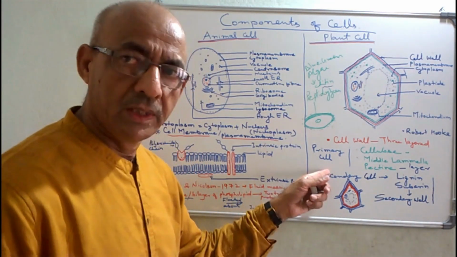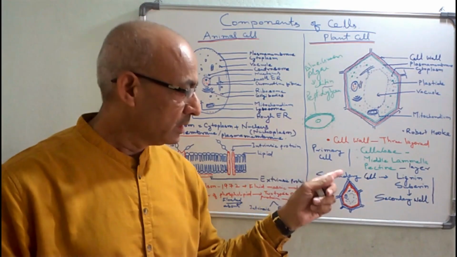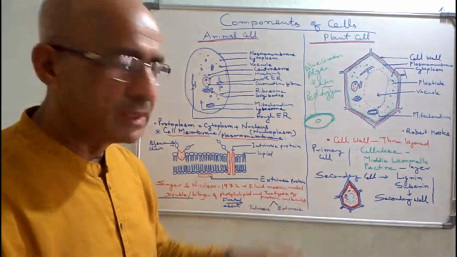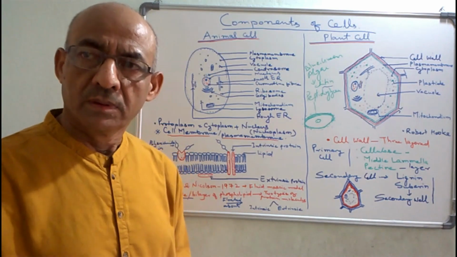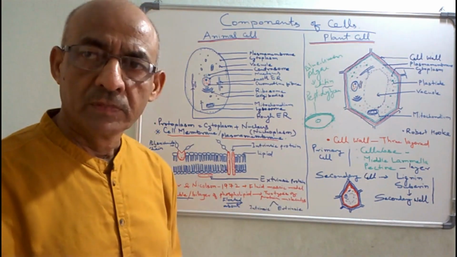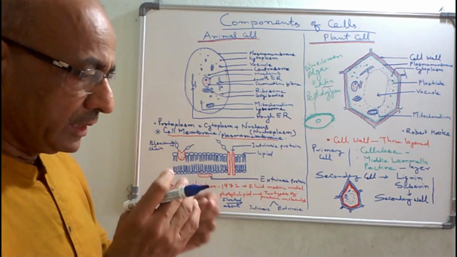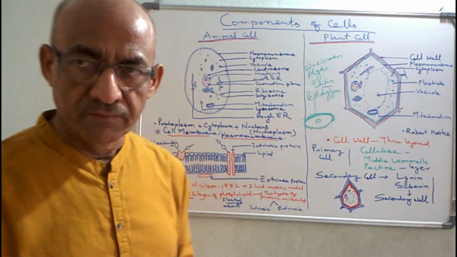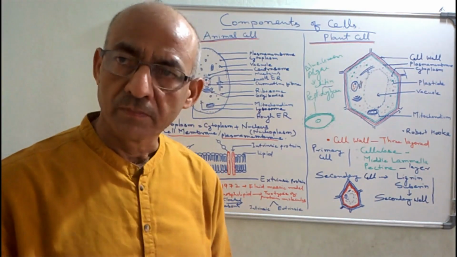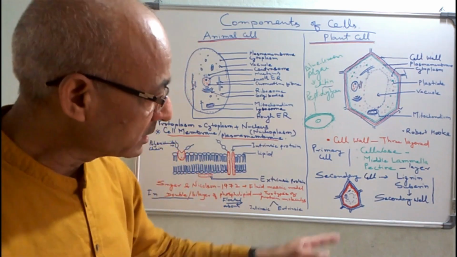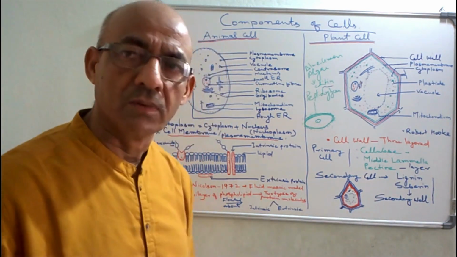They are freely permeable. But when the primary cells get matured, a special type of deposition starts inside the cell wall.